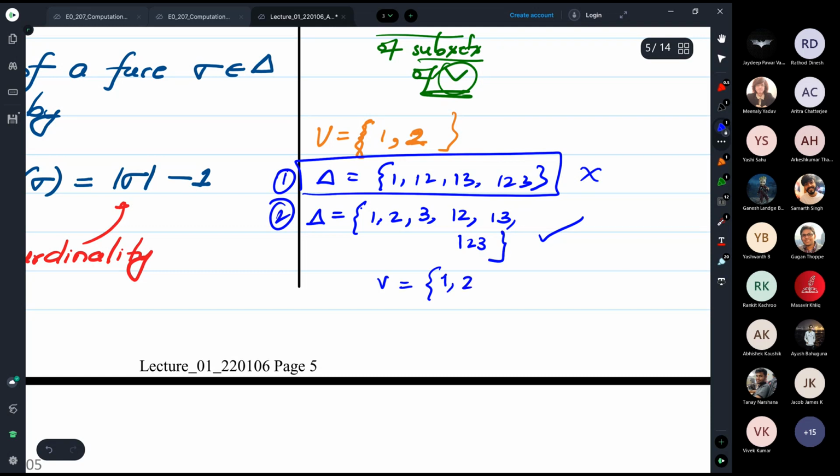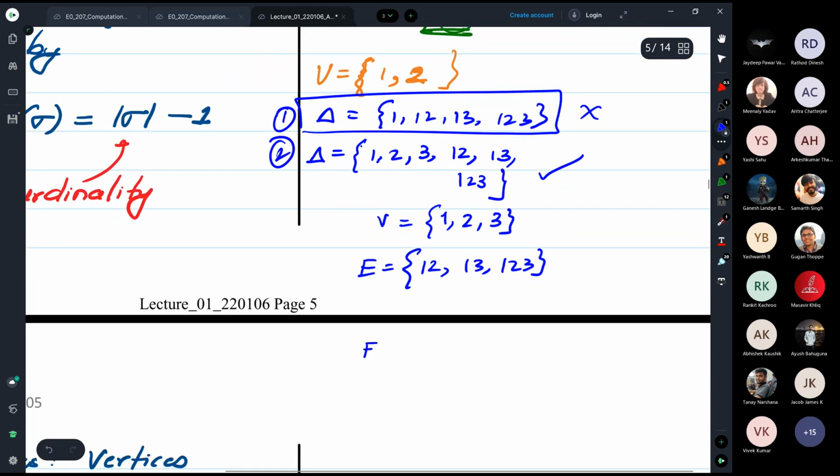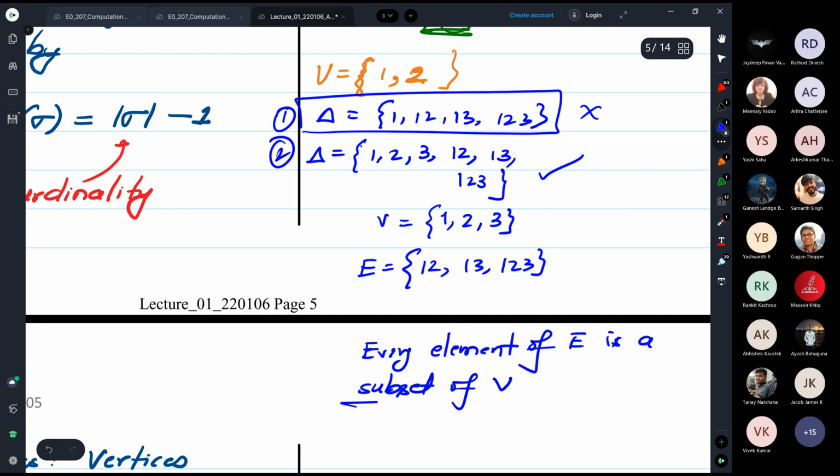I can define this vertex set over here and I can define this edge set to be {1, 2}, {1, 3} and {1, 2, 3}. Right? So you can indeed see that every element of E is a subset of V. Is this okay? Is this clear, Deep?